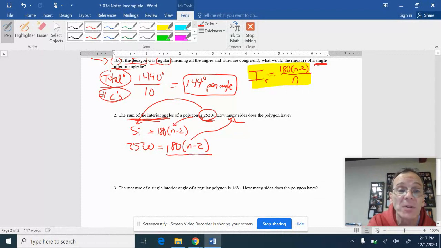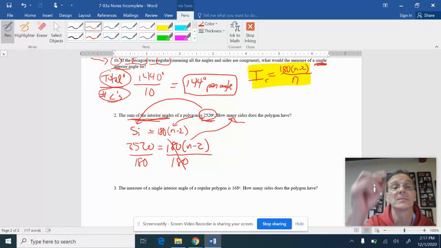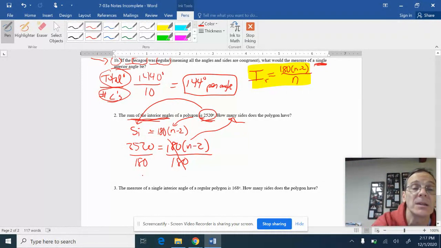But it's fewer steps, shorter amount of time if you start not by distributing the 180, but dividing both sides by 180. Yeah, I know you're going to have to reach for your calculator to do that, but you would have had to reach for your calculator at some point anyway. All right? 2520 divided by 180 is 14.